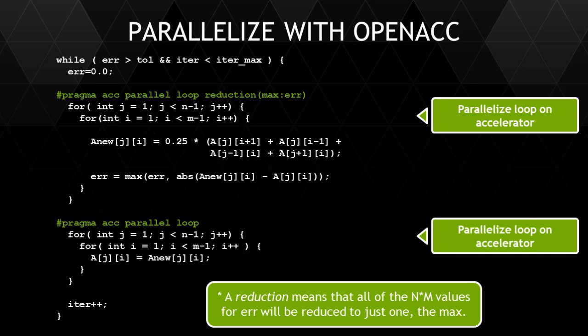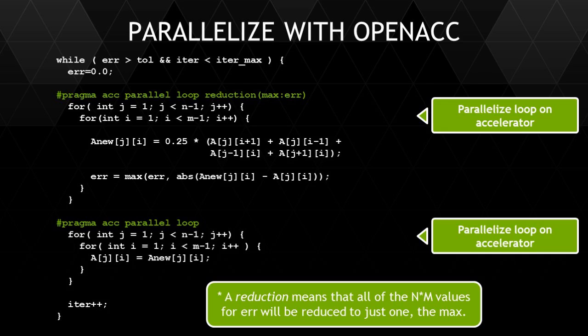C++ AMP is an extension to C++. If I remember correctly, it's proposed by Microsoft, though I'm not certain of that. It is an extension of the C++ language for parallelism that's not available in C++ by itself. Similarly, OpenACC and OpenMP are extensions layered on top of C, C++, and Fortran to add additional parallelism.